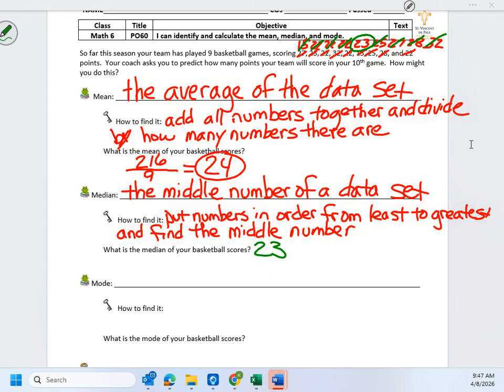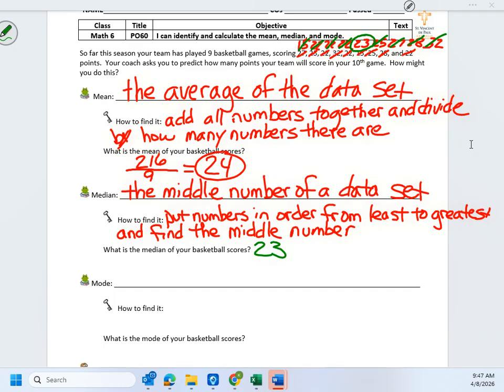If we have an even set of numbers, there will be 2 in the middle. Can I have 2 medians? Do I list them both? I saw Maddie shake her head no. What should we do if we have 2 numbers? Should you add them together and then divide by 2? Yes, we need to find the mean of those 2 middle numbers.